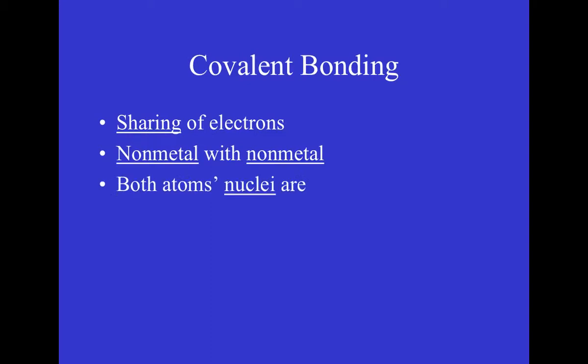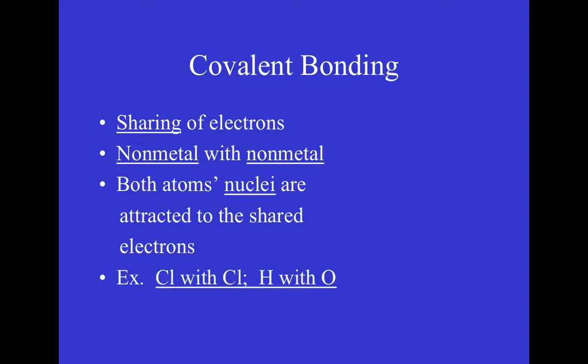In covalent bonding, both atoms' nuclei are attracted to the shared electrons. Examples of things that exhibit covalent bonding would be chlorine bonded with chlorine and hydrogen bonded with oxygen.